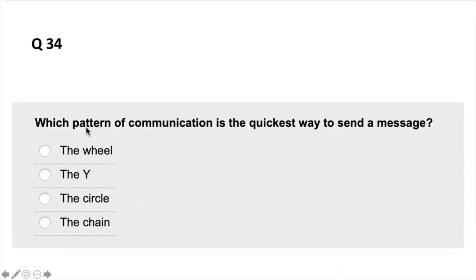Question number 34. Which pattern of communication is the quickest way to send a message? Now, this is from the chapter of communication. So let me just explain all these 4 ways to communicate by a professor called Levitt. Let me just draw this for a moment. So let's make a wheel here, and let's make a Y to show you what we mean.